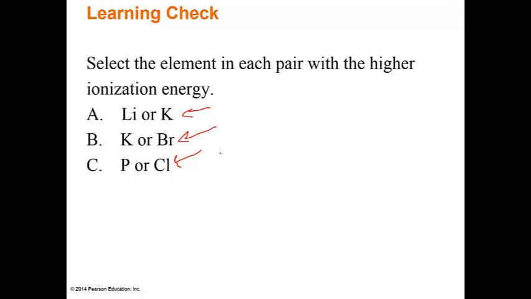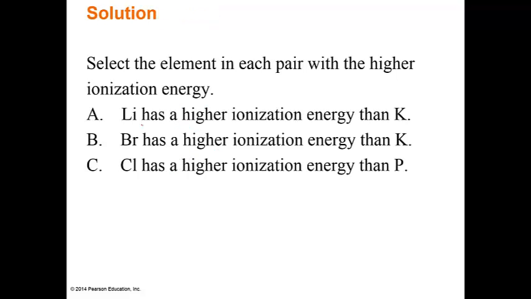Well, aren't they in the same group? So lithium is going to have a higher ionization energy than potassium because it is higher up than potassium. Bromine and chlorine, because they are to the right of potassium and phosphorus, are going to have a higher ionization energy.